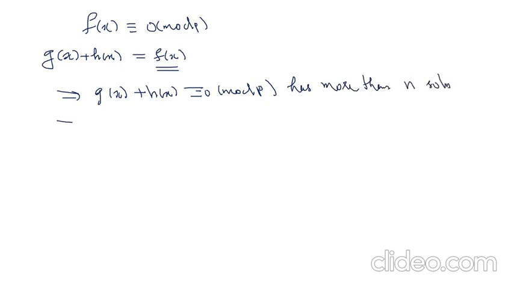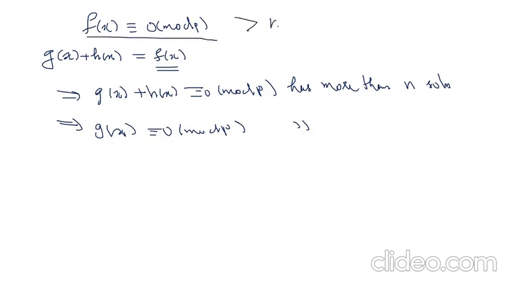From this case, we can say that g of x congruent to 0 mod p has more than n solutions. This is because we assume in the statement that f of x congruent to 0 mod p has more than n solutions, and f of x is nothing but g of x plus h of x. Therefore, g of x plus h of x congruent to 0 mod p has more than n solutions.